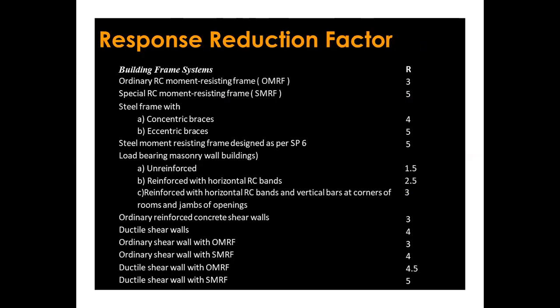If steel frame with concentric braces, then we take 4. With eccentric braces, then it will take 5. Steel moment resisting frame designed as per SP6, then it's taken as 5, right? So there are various criteria given, which are generally based on the building frame system. For a different building frame system, there are different reduction factors available here.